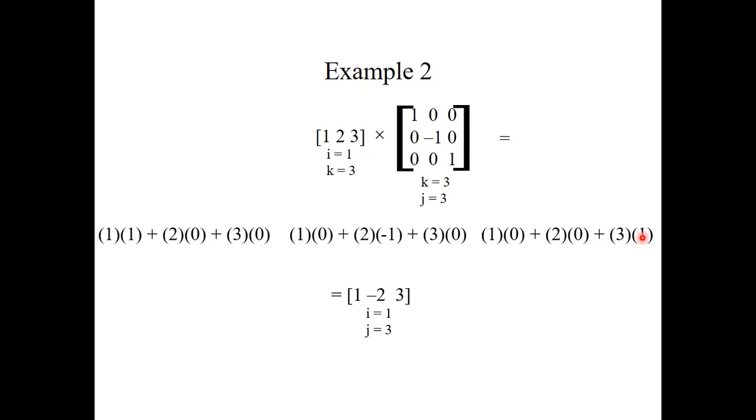Okay, so you just sum this all up, and overall that gives 1, minus 2, and 3. So the dimension of the product matrix is again a 1 times 3 matrix in this case.